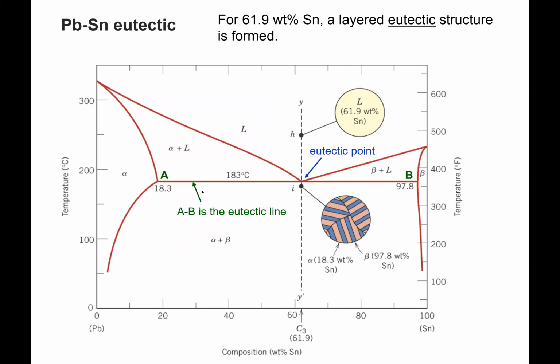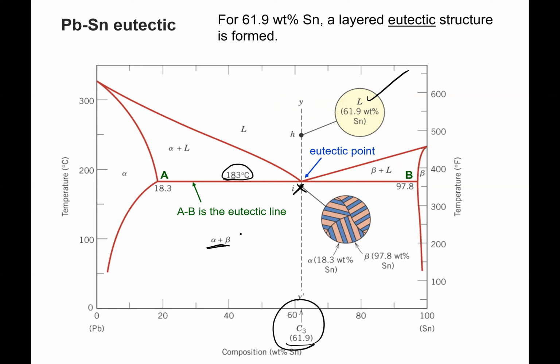Now we come over to a very special point, the eutectic point. We have something very unique going on, because here we start off with all liquid at the 61.9 weight percent tin alloy. Then when we drop below 183 degrees C, we enter a two-phase region, alpha plus beta.